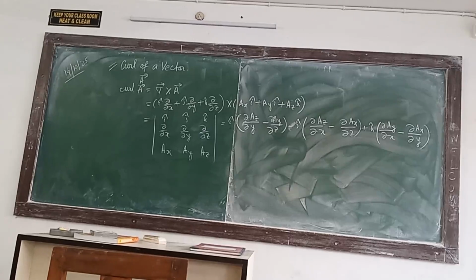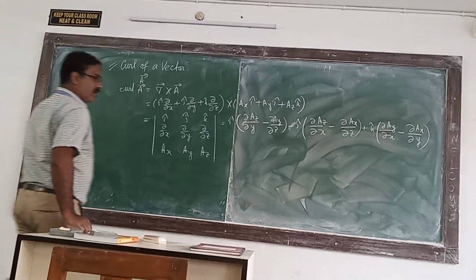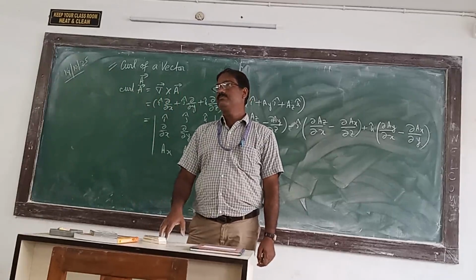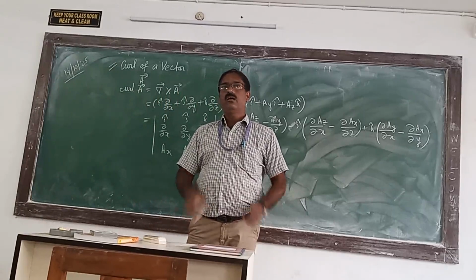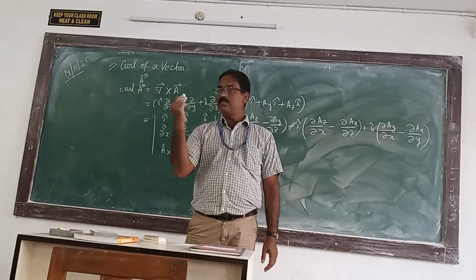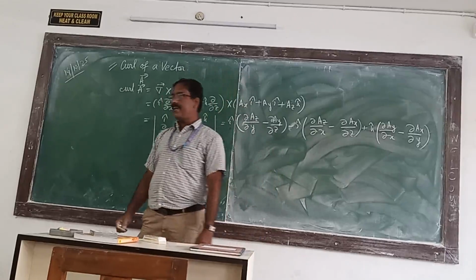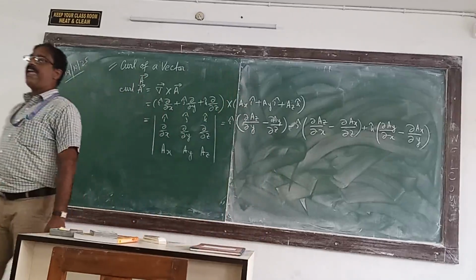Okay? So, if a vector is rotating, if the vector A is rotating about a point, then what is the direction? A vector is rotating like this in the anti-clockwise direction. Then what is the direction of the curl of A?